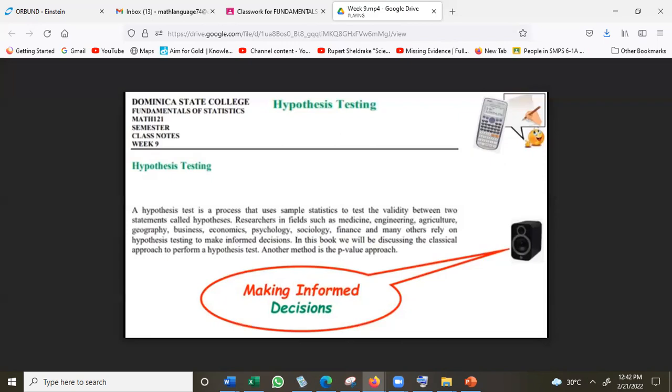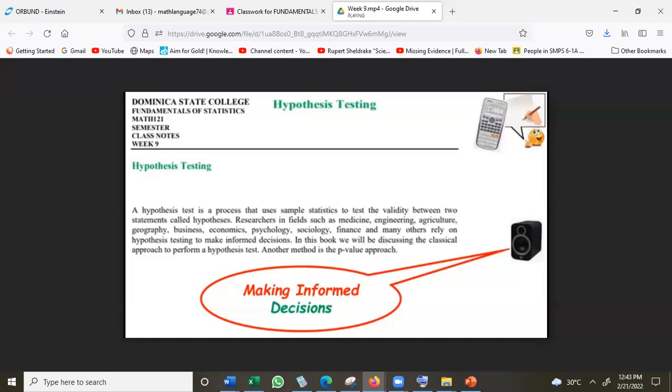So a hypothesis test is a process that uses sample statistics such as the standard deviation and the mean to test the validity between 2 statements called hypotheses. Researchers in fields such as medicine, engineering, agriculture, geography, business, economics, psychology, sociology, finance, and many others rely on hypothesis testing to make informed decisions.